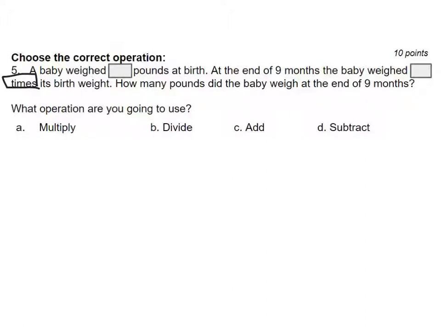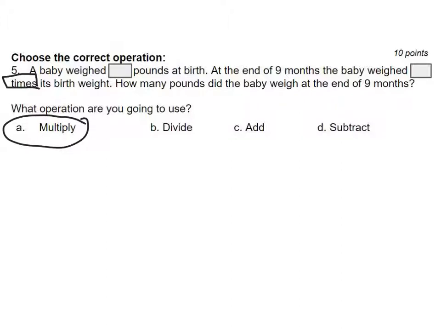So that means that she weighed something more. So because it's something more and then the word times, it means that this answer will be multiplication. Sometimes it seems like it might be addition, but because it says the word times, that's why it's multiplication. But remember, multiplication is repeated addition, so make sure you understand that too.